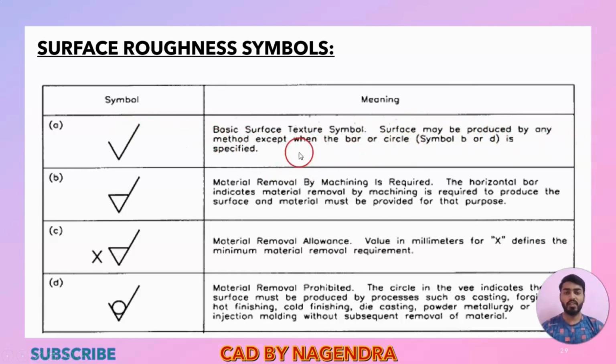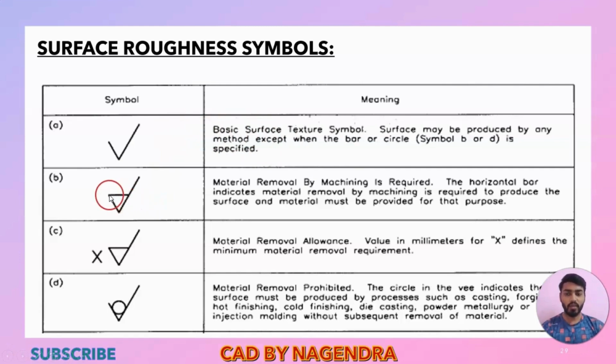So here we just need to maintain a normal surface like the basic surface texture symbol. Surface may be produced by any method. So by using any method, we can maintain this surface finish.